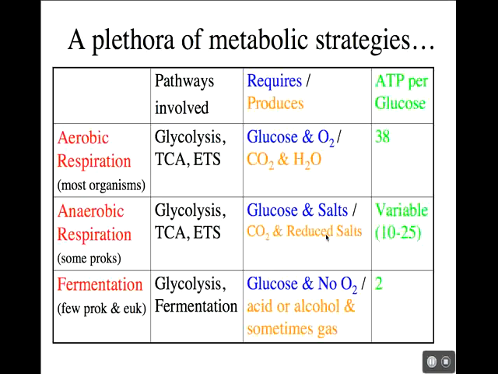How much ATP you get does vary depending on the final electron acceptor that's used. About 10 to 25, I think, are the possibilities here for ATP. Notice it's never as good as it would be with oxygen, again, because oxygen is such a strong electronegative molecule.